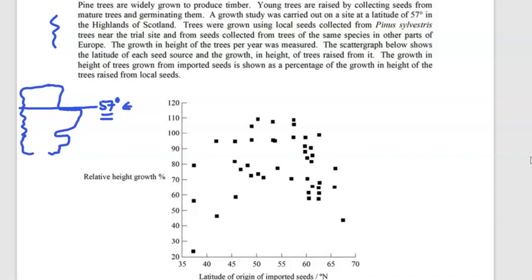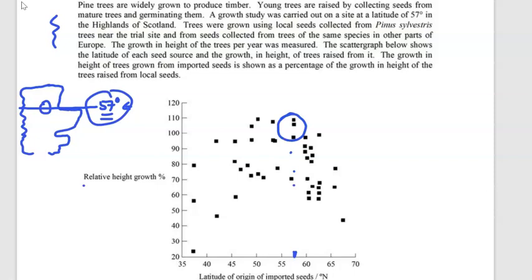So latitude is north and south. So in the study, seeds are collected from latitude 57 and grown there. And we can see this data actually on the graph. So this is going to approximate to this zone on the graph here.